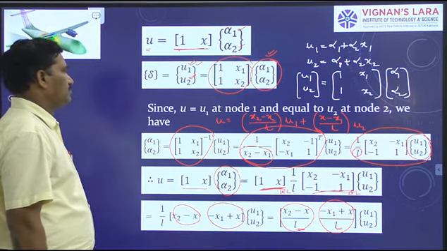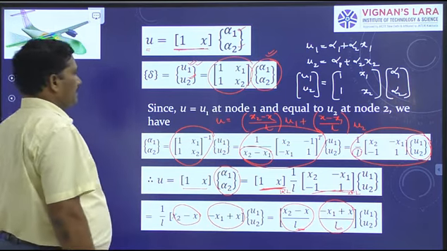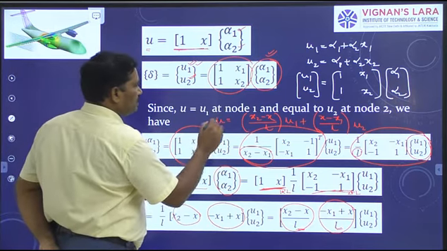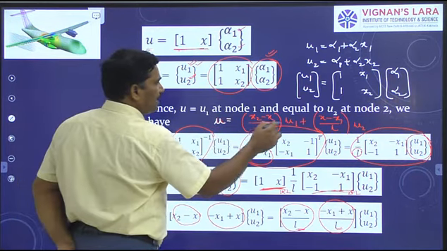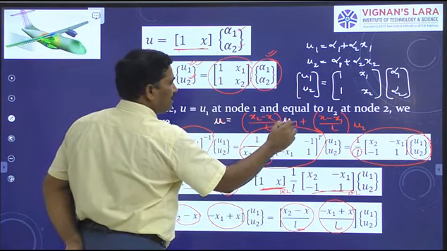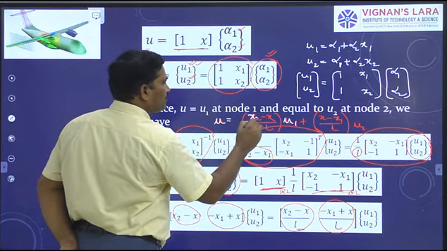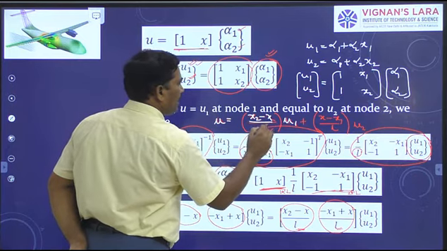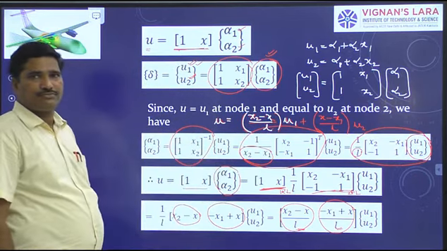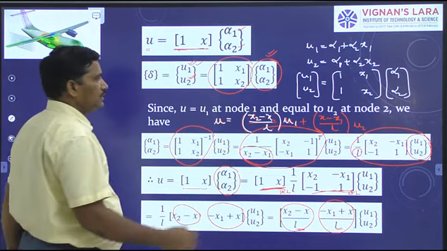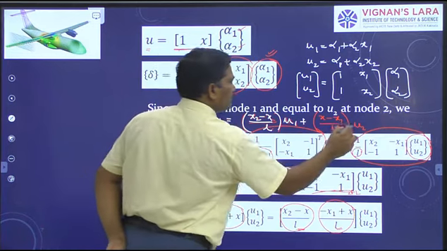Clear? Now, what I do is, I assume like this. Displacement u equals, say, N1 into u1. What is N1 here? I say N1 is simply x2 minus x by L. This I say N1. Plus, now, N2 into u2.